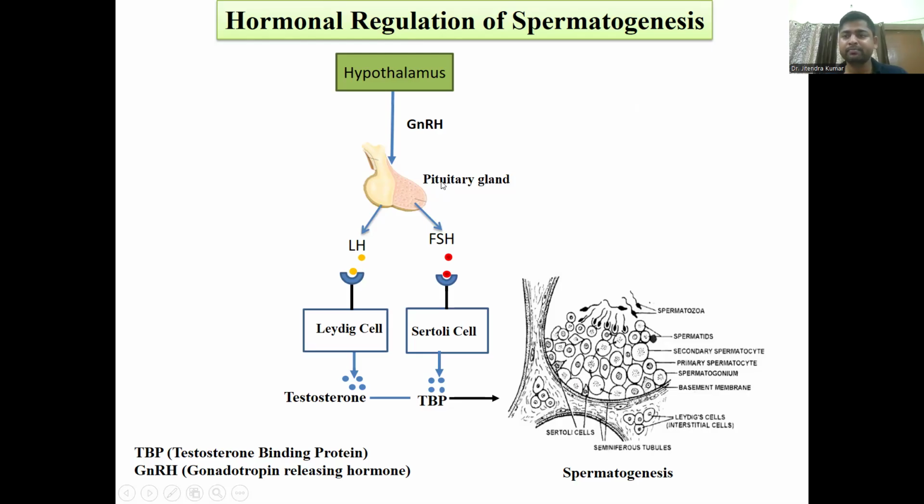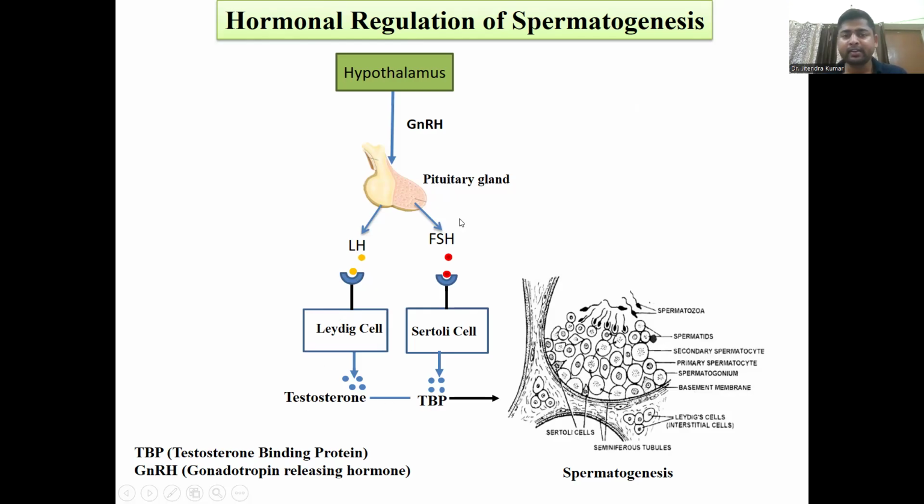Then the pituitary gland releases LH and FSH hormones, and these two hormones act on the testicular cells. The Leydig cells of the testis contain LH receptors. So once LH hormone binds to the LH receptor of the Leydig cells, the Leydig cells release testosterone hormone.